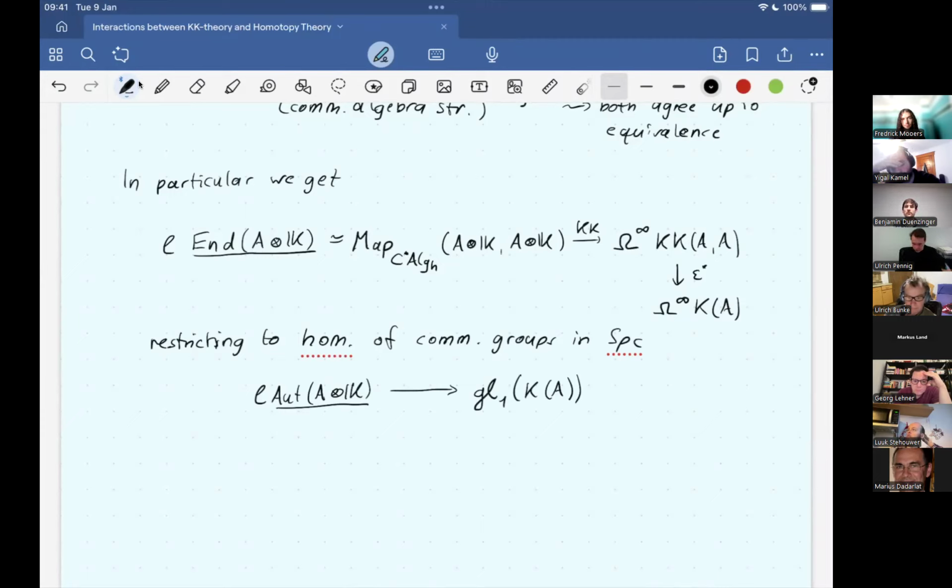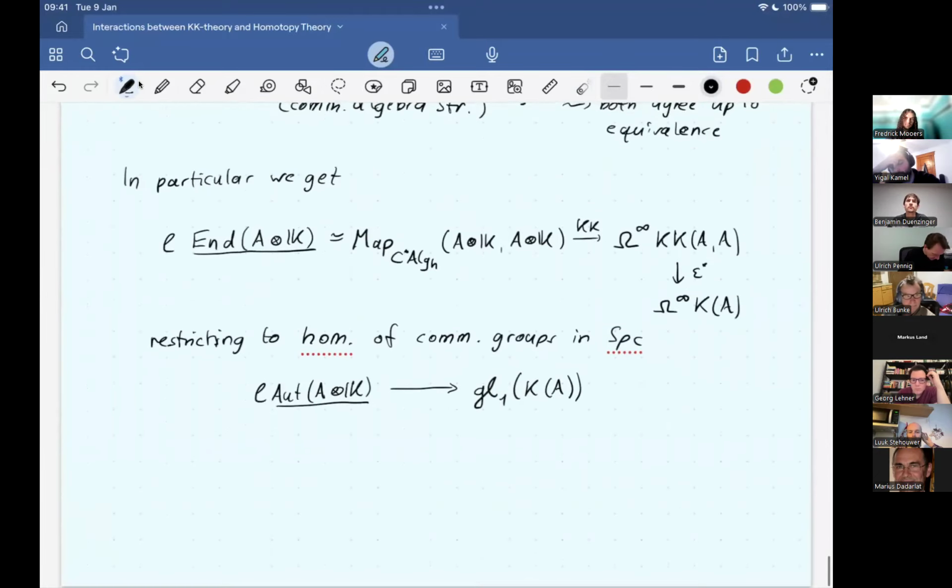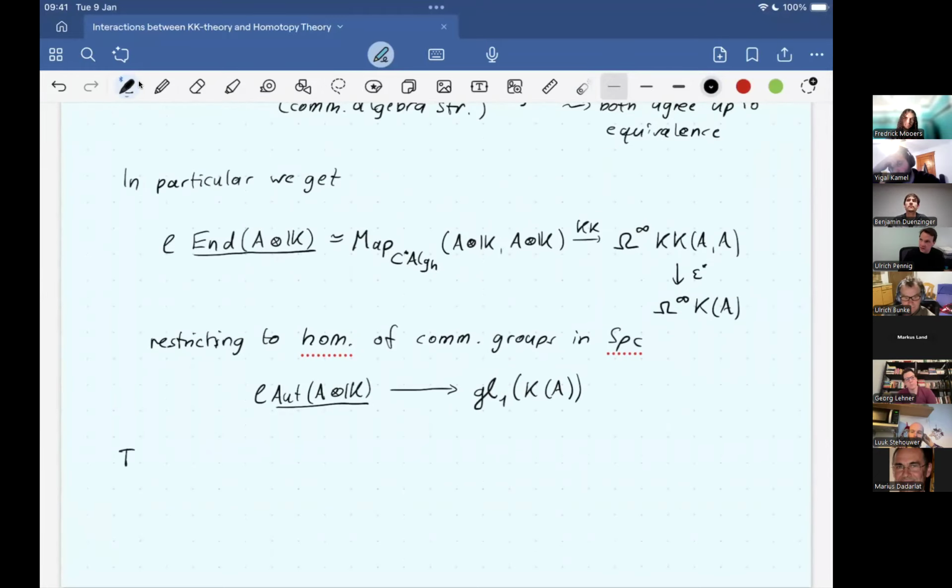One thing you can now ask is whether there is anything that will give me K of C here. Well, if I put in C here, then I get KU. However, if I replace the A by the complex numbers, this is too small. We know the automorphisms of the compact operators, so for the compact operators this will not be an equivalence. But there is a C star algebra that makes this an equivalence, and maybe that's the last thing that I want to mention.